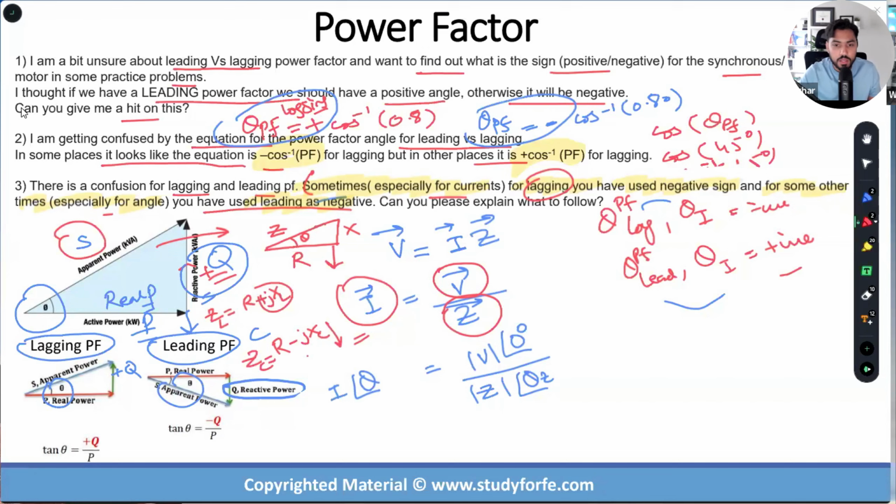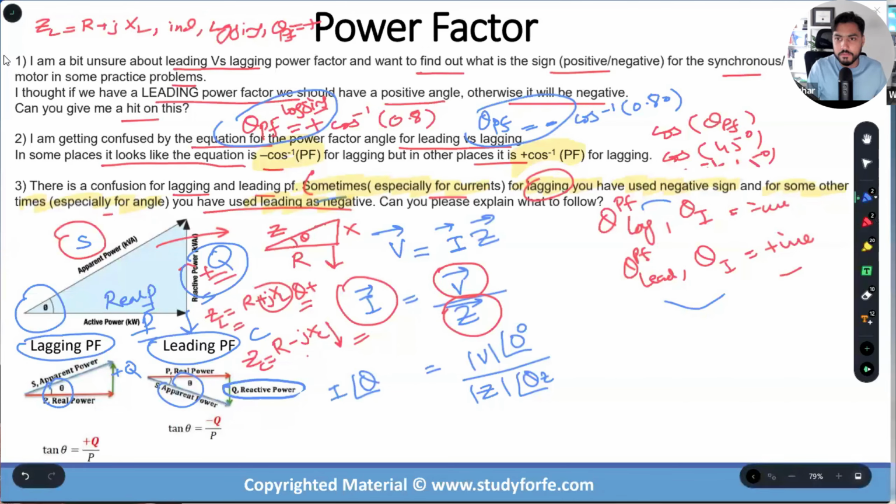Anyways, the end result is that the impedance that is having an inductive reactance, so R plus XL type of a setup, will have a power factor angle that is going to be positive. So it is consistent, because ZL is equal to R plus jXL, inductive, lagging, and theta power factor is positive.